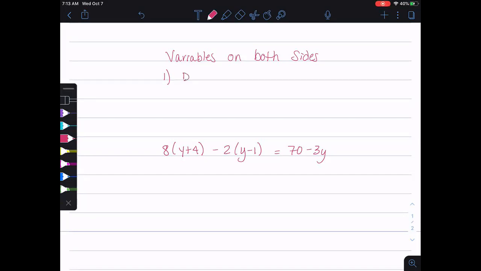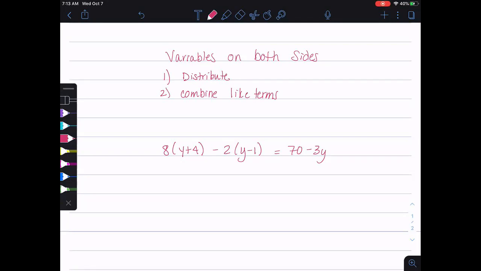These are still multi-step equations, but you'll see that we have variables on both sides. So again, we want to distribute. We want to combine like terms. And that's going to include this time not just squishing things together on one side of the equation or the other. This means we're going to move variables to the same side.